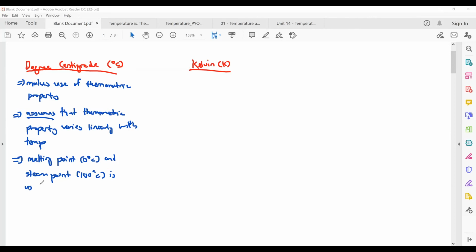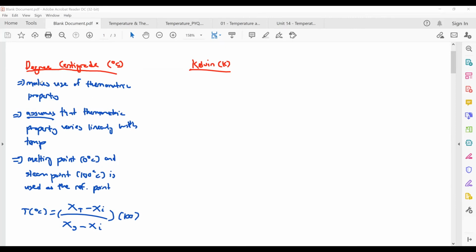So your temperature in degrees centigrade was X_T minus X_ice, over X_steam minus X_ice, times 100, right? That was what you can see from here.